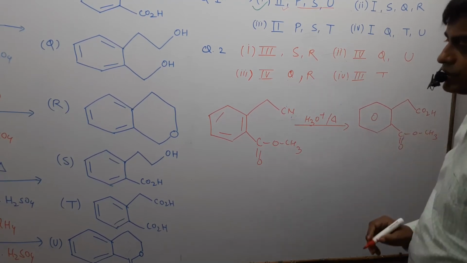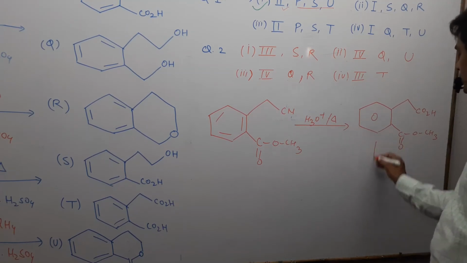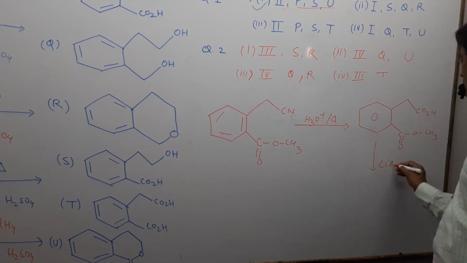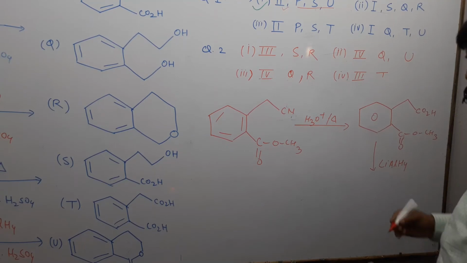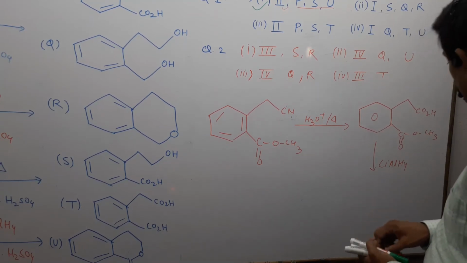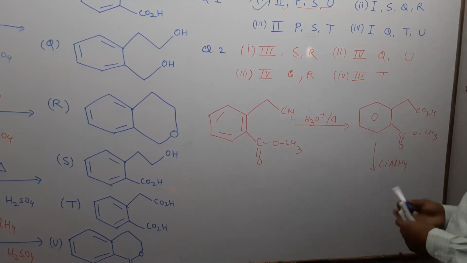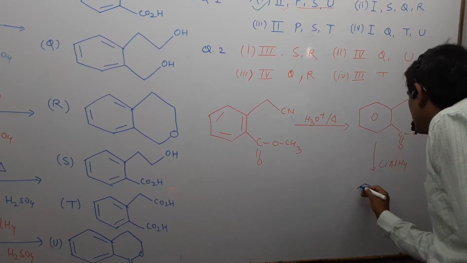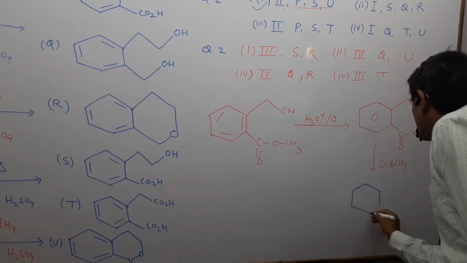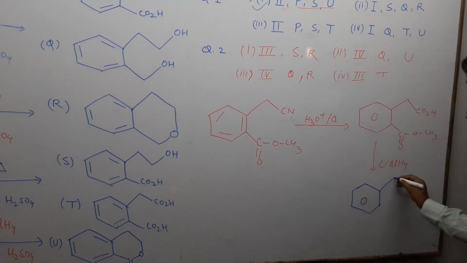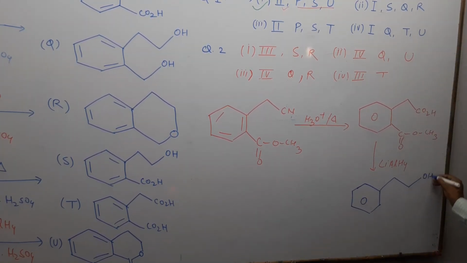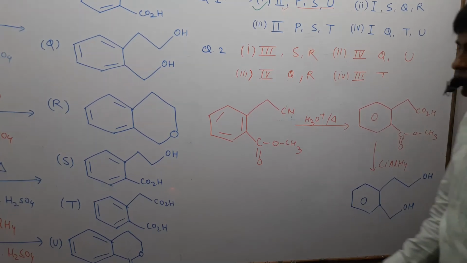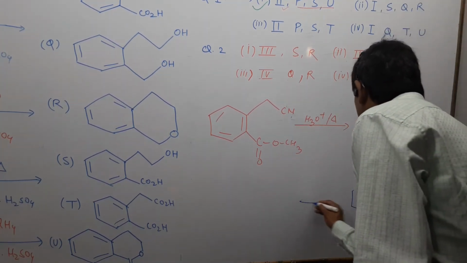In the next reaction, we are going to react with LiAlH4. What will LiAlH4 do? This is a strong reducing agent. So this will reduce both this one and this one into alcohol. That means ester and acid both convert into alcohol. So both are going to convert into alcohol. Now watch. And again we are going to react with conc H2SO4.